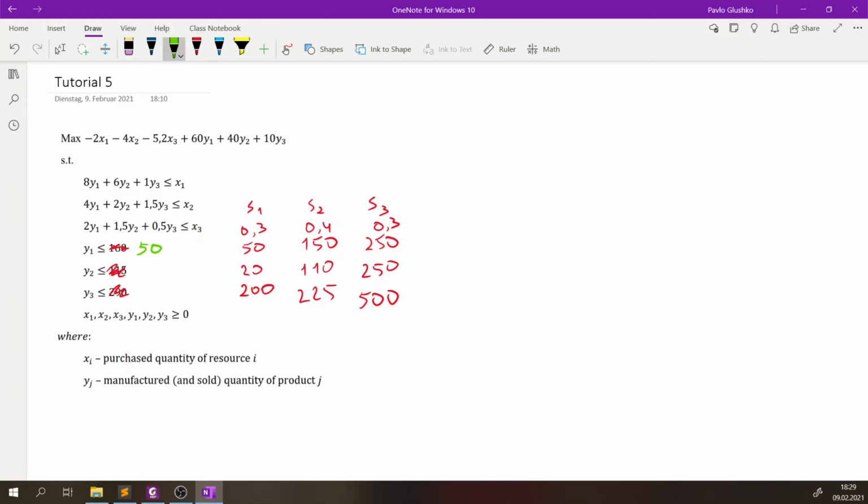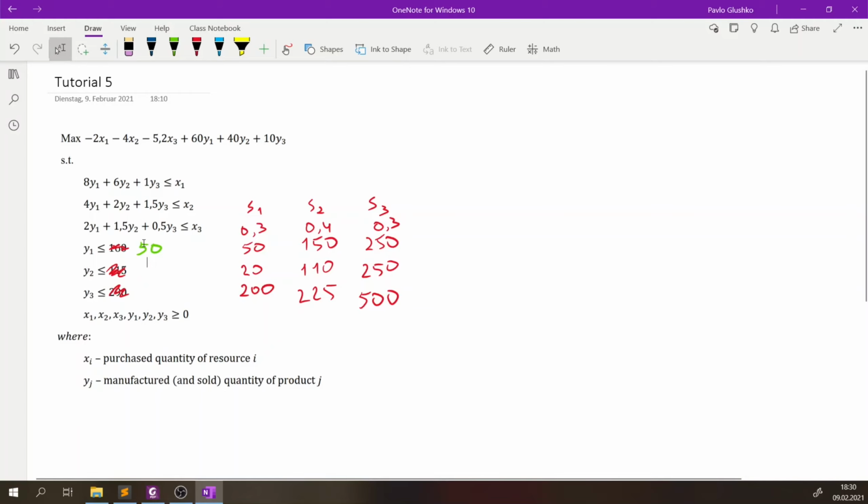If it's at most 50, it's still smaller than 150. So this constraint will not be violated for scenario 2. Now let's look at scenario 3. The same logic: if scenario 3 realizes in the future, its constraint, y1 less than or equal to 250, also will not be violated. So it seems that I chose this parameter correctly.